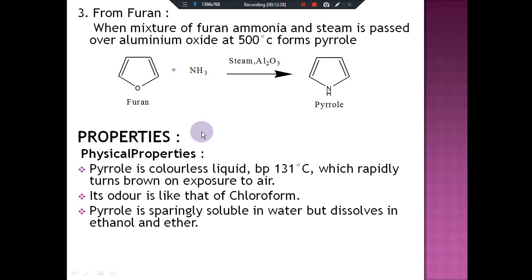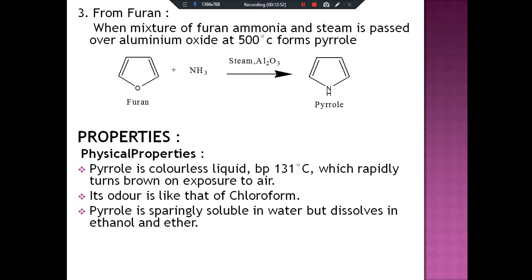Coming to properties, pyrrole is a colorless liquid which boils at 131 degrees centigrade. Its boiling point is 131. Below 131 degrees centigrade it is a liquid, and above 131 degrees centigrade it boils and becomes a vapor.